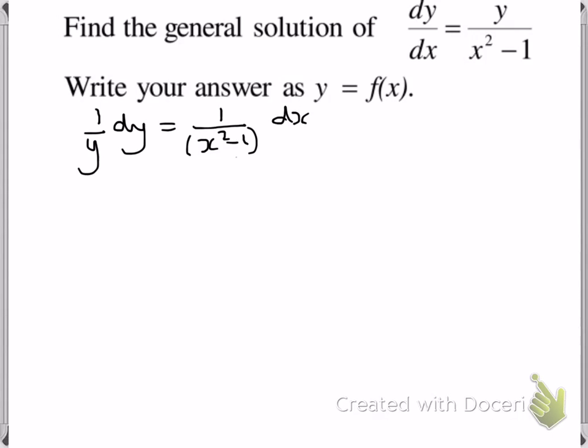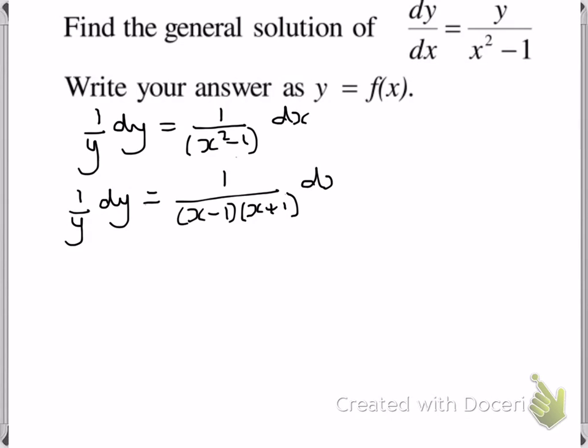And the denominator here, we've got the difference of two squares. So 1 over y dy is equal to 1 over x minus 1, x plus 1 dx. So now we've got this in a form that we can integrate.